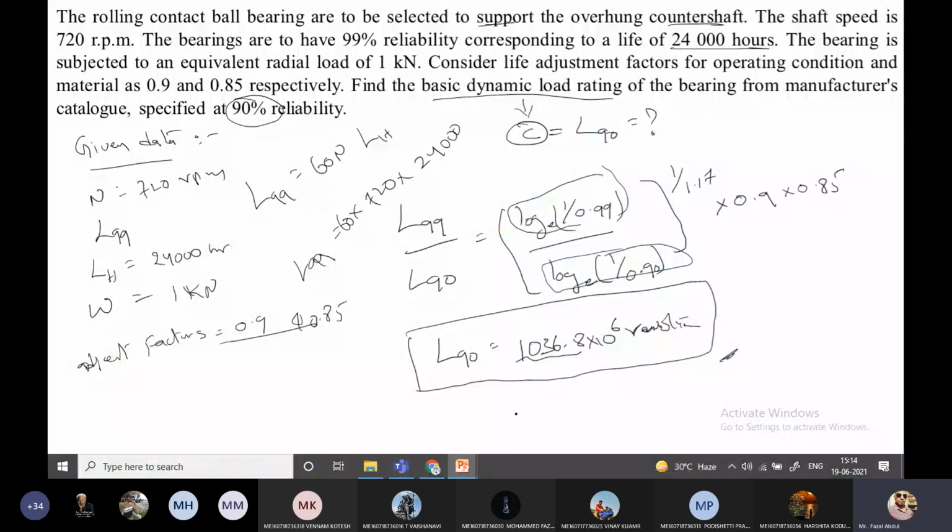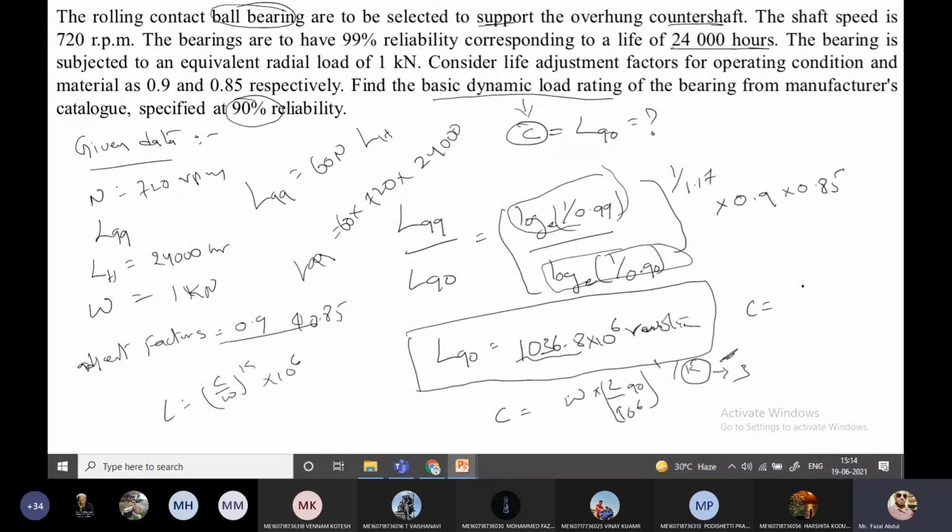Now what is being asked is the C value. What is the equation? The basic equation is L equal to C by W, power K, into 10 to the power of 6. So with this equation, C is W into L by 10 to the power of 6, power 1 by K, for 90%. Here the question mentions ball bearing, so I am taking K as 3.